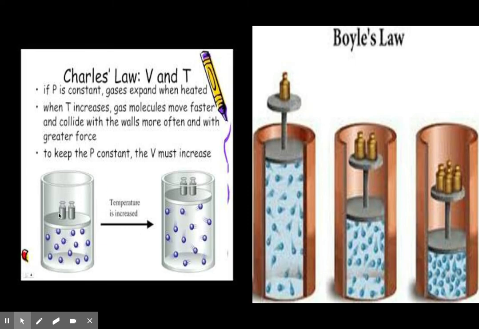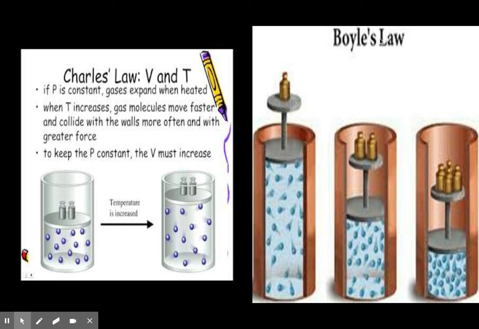So in this diagram, we have the same amount of weights, and right there it says temperature is increased. When the temperature is increased, the volume goes up, and so we have the same amount of collisions, and so pressure doesn't change.